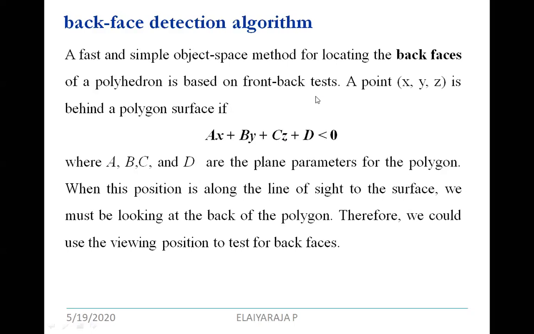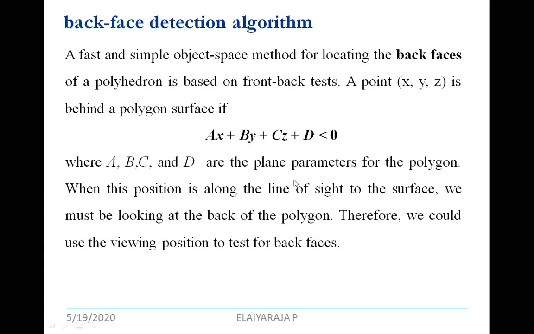A point x, y, z is behind a polygon surface if ax plus by plus cz plus d is less than 0. Here a, b, c and d are plane parameters for the polygon.